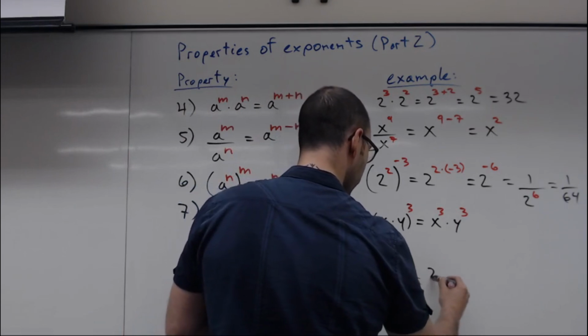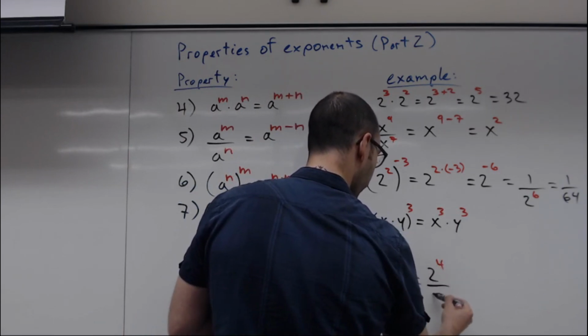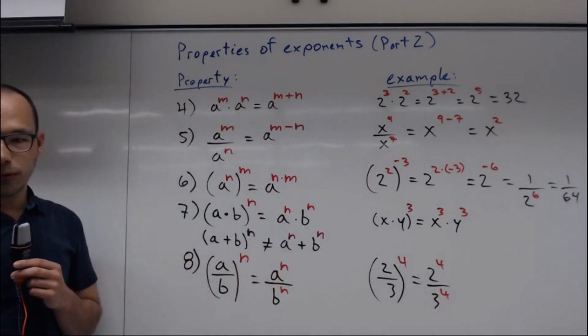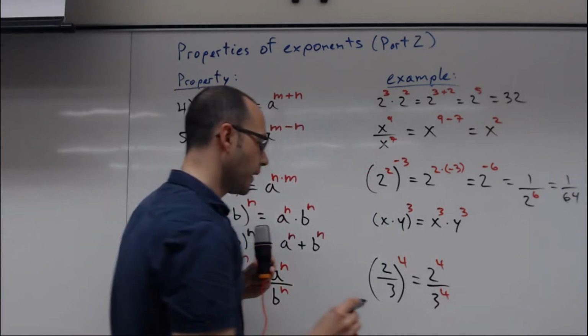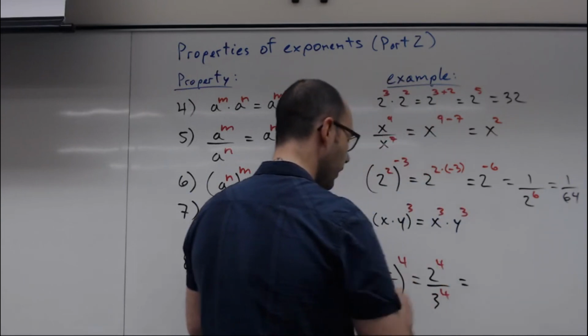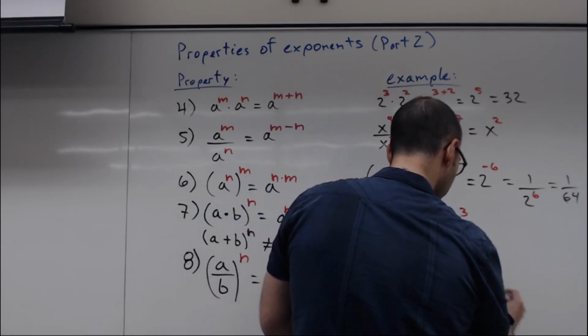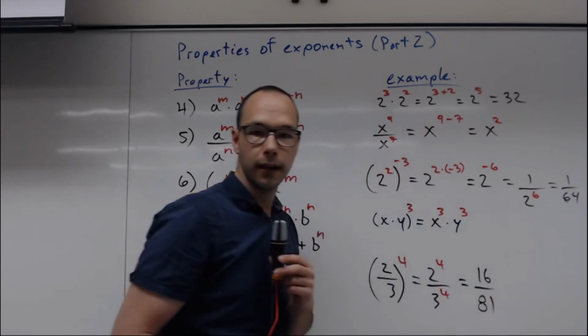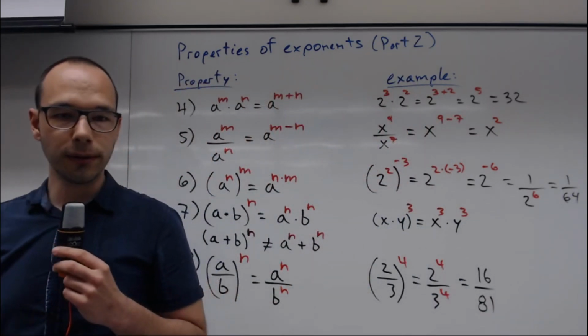It's going to be 2 to the power of 4 over 3 to the power of 4. So you can distribute the exponent. And now if you calculate that, it's going to be 16 over 81. So you can even calculate the result of that.